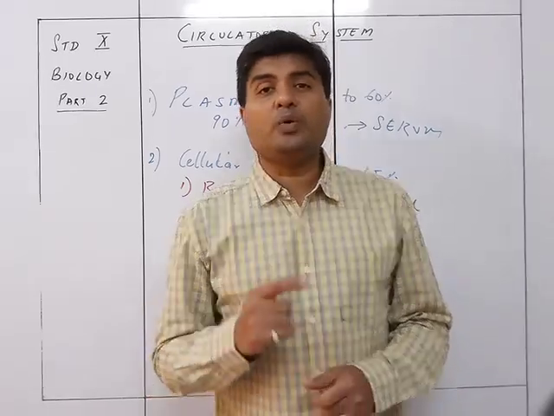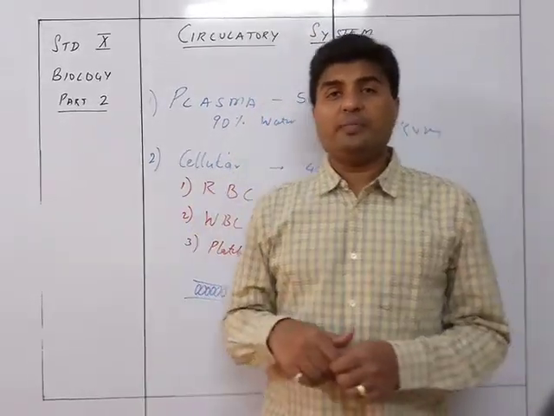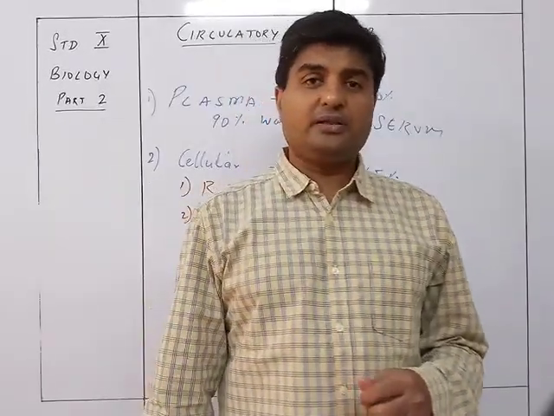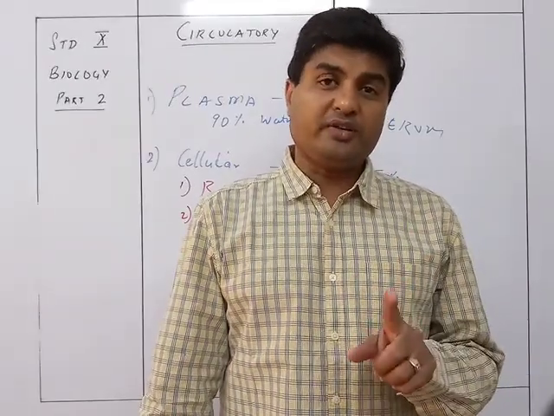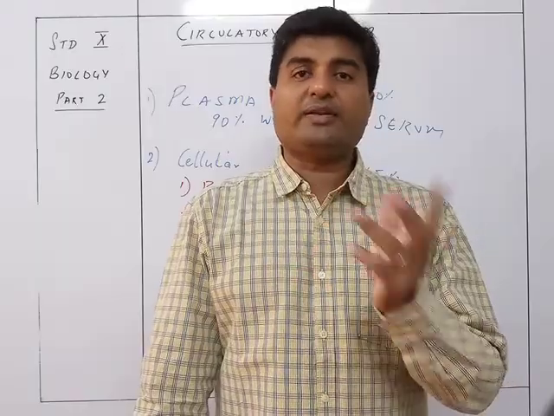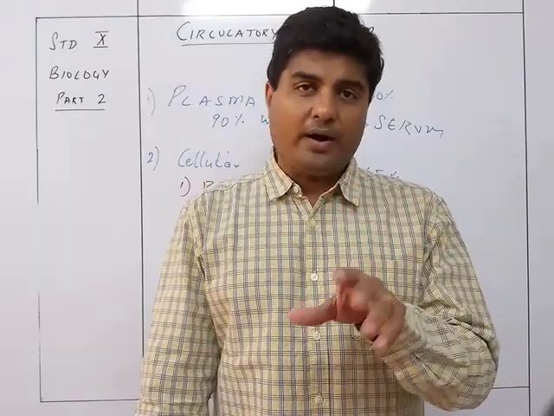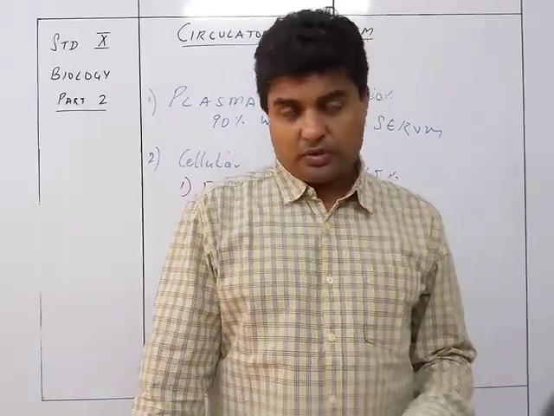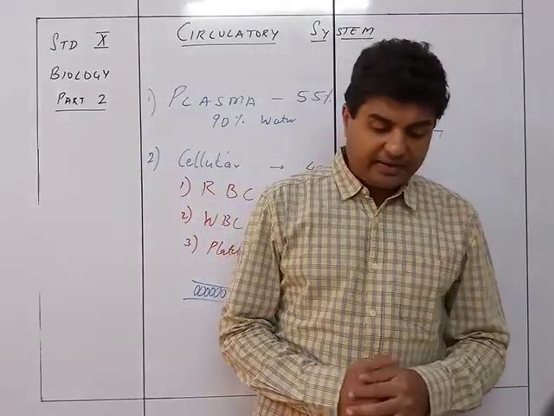Those people who are living at a height of more than 4,200 meters above the earth's surface will also have more RBCs, because the oxygen content in the air is less, hence more RBCs will be required to carry the oxygen to the body.